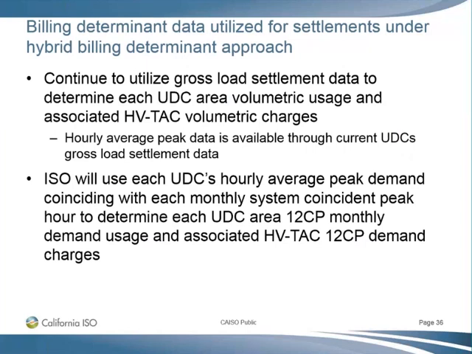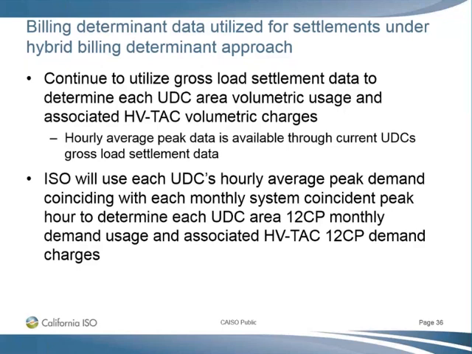The idea is to use the hourly data that's currently provided through our settlements process, and through that we would identify at the end of the month when the monthly coincident peak hour was, and that's how we would apply the 12 CP rate to the hourly average demand for each of those UDC areas.